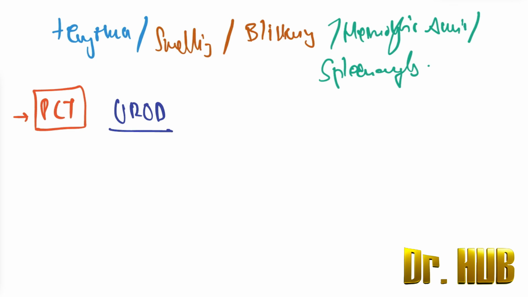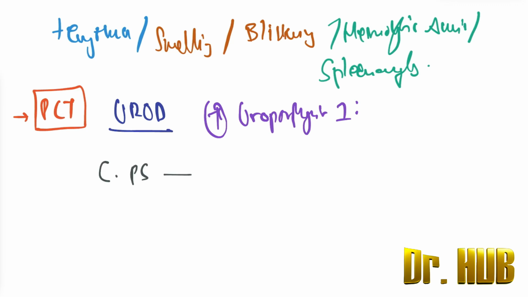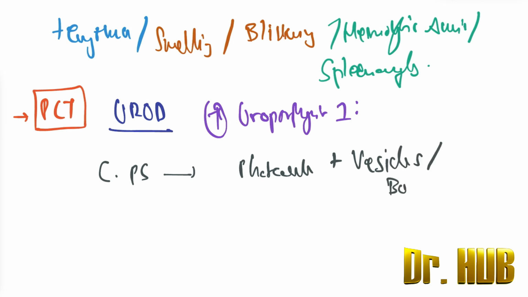The lab finding is increased uroporphyrin 1. The features are cutaneous photosensitivity, with vesicles and bullae.